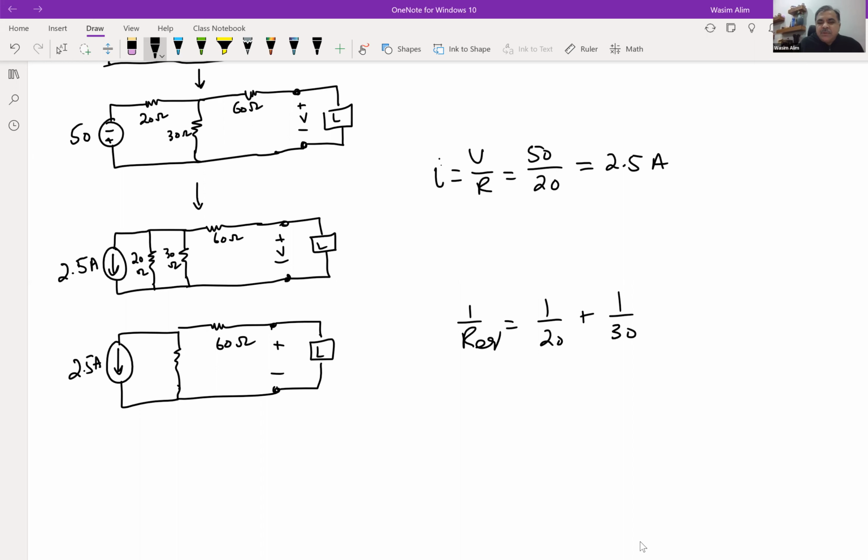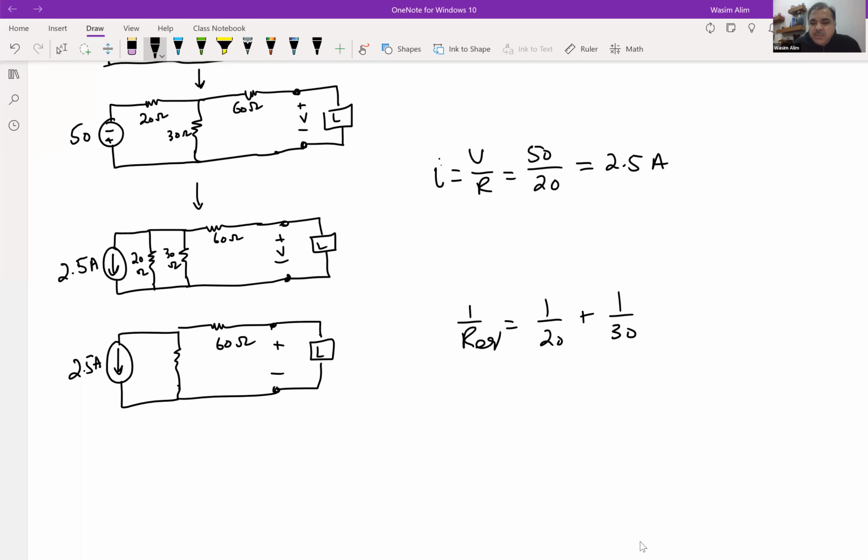For example, I can do 1 over 20, which is 0.05, and 1 over 30, which is 0.0334, and then add them and do the cross multiplication to find the equivalent resistance value. That's one technique. The other technique is the common denominator. I'll show you both.